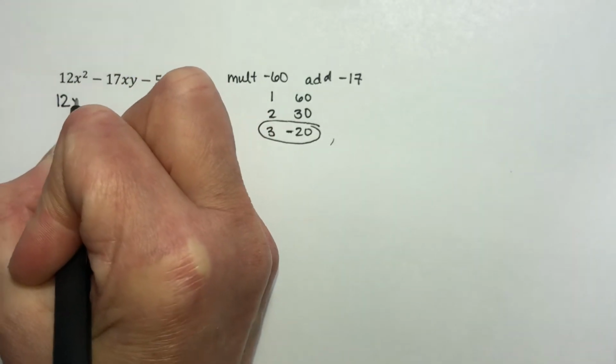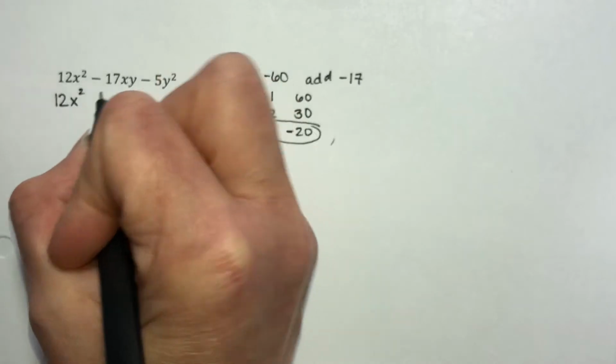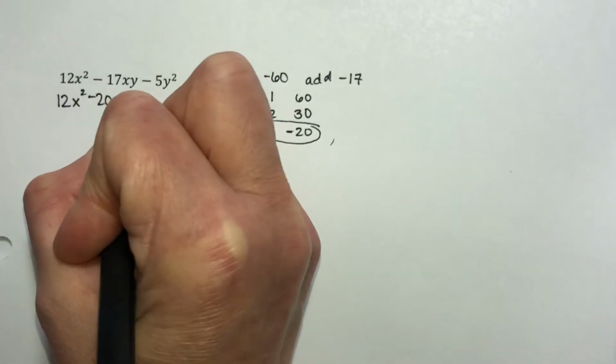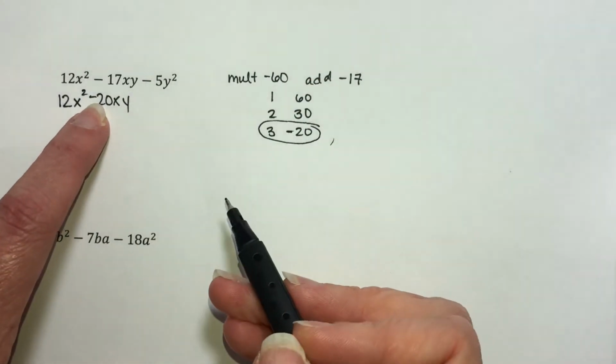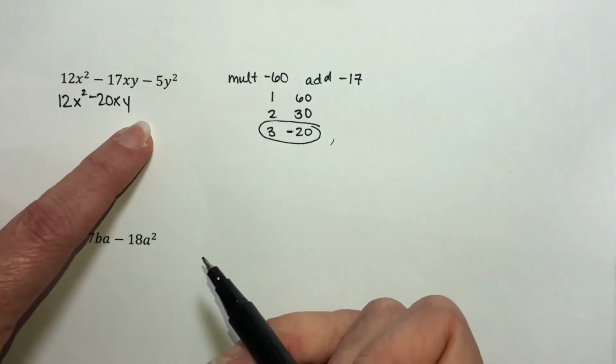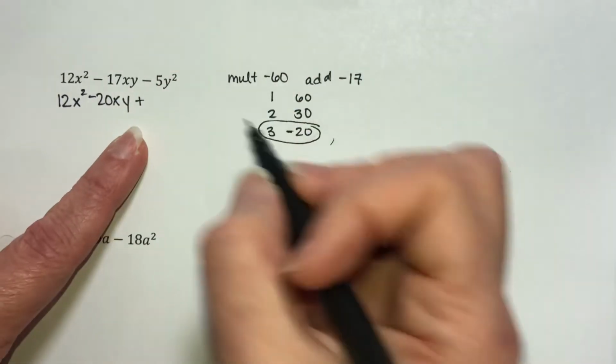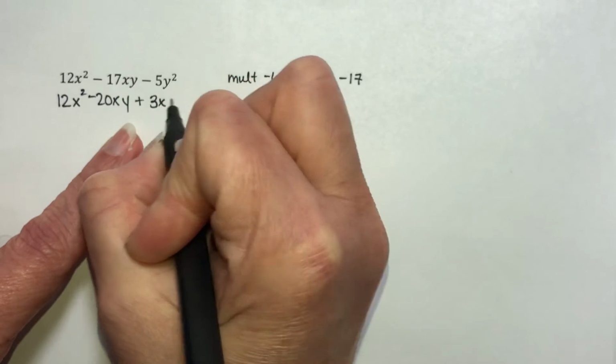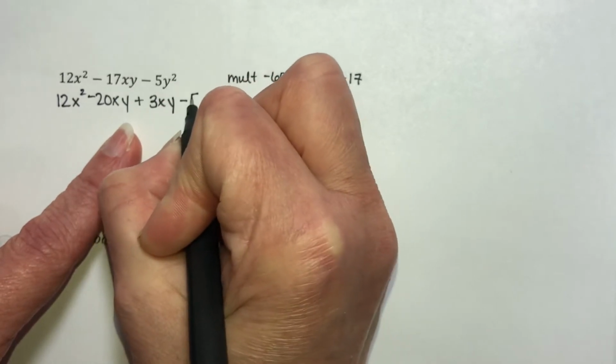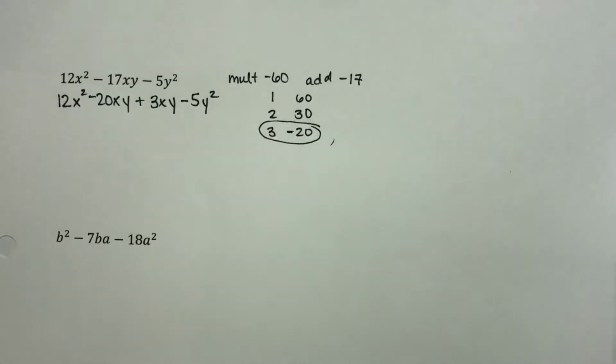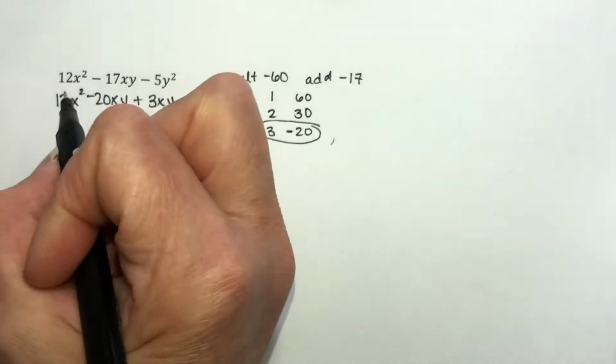So I rewrite this as 12x squared minus 20xy. Remember, you want to put your minus first so that factoring by grouping is set up for you with the plus sign in the middle. So plus 3xy minus 5y squared. Okay, so now group these.